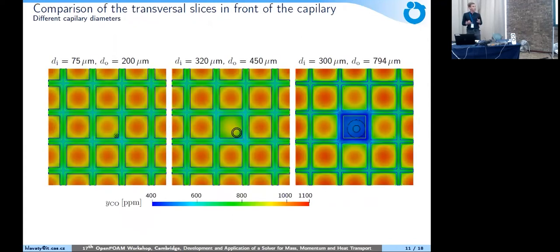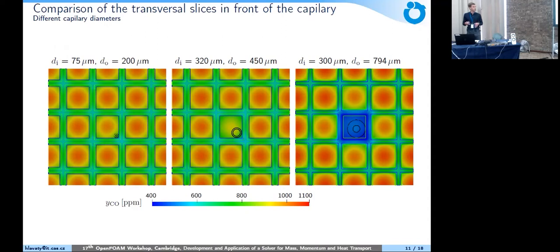There are two main sources of possible errors. Firstly, if the capillary is large, then the blockage of the flow is high, and also the conversion in such a channel is really higher than the conversion in reference channels. So that's one possible source of errors.